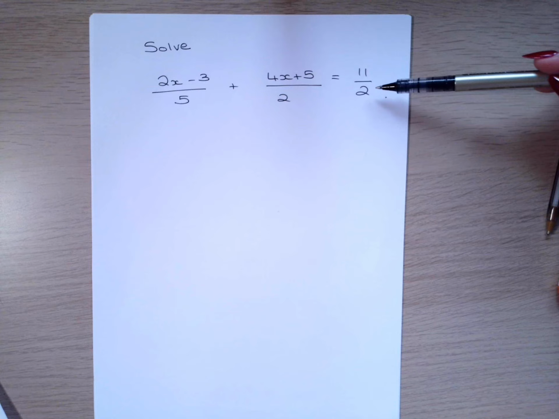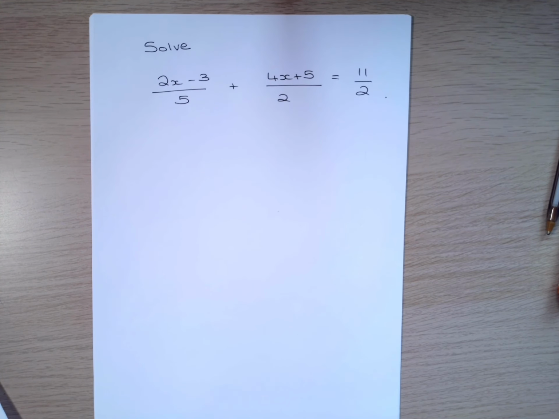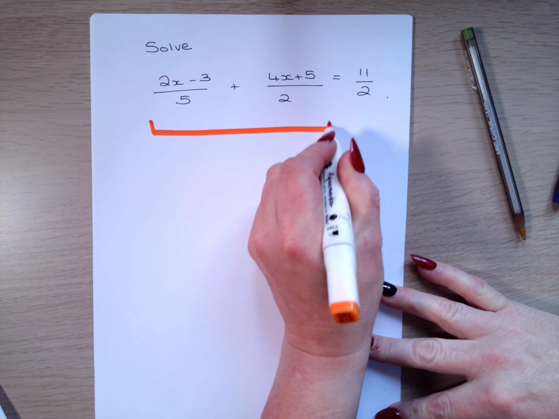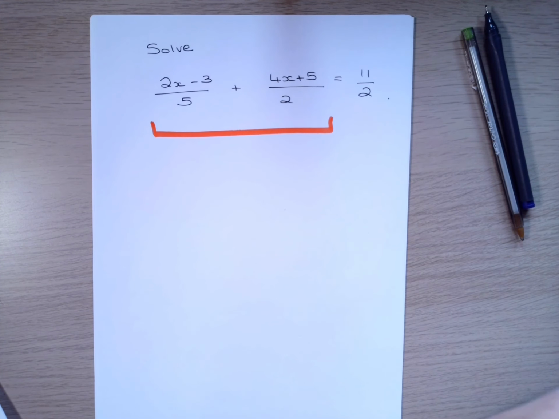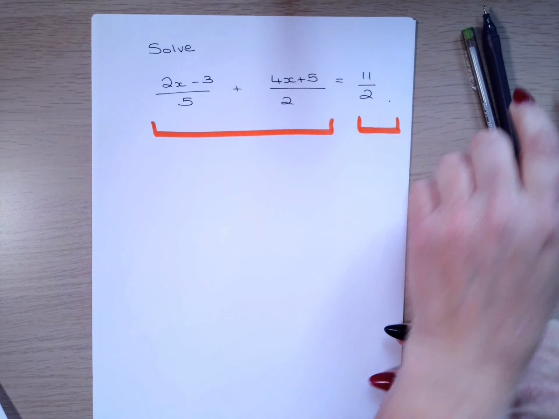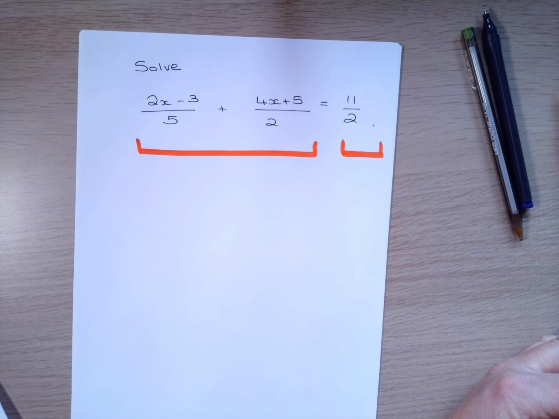So when we're solving an equation, basically we want everything on this side to be equal to everything on that side. In simple terms, that's what the equal sign means.